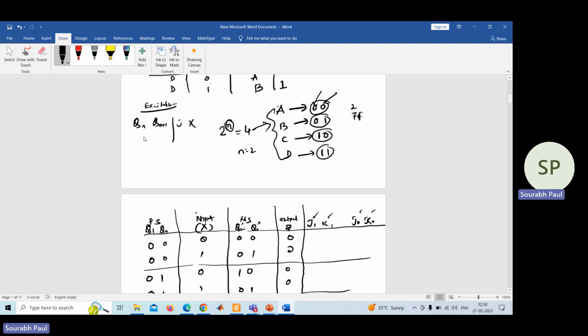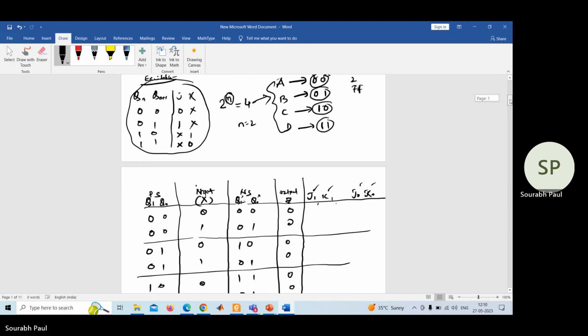So for the 4 combinations 00, 01, 10, 11, it is 0x, 1x, x1, x0. That was the excitation table of JK flip-flop. Now you need to use this excitation table to get the values of J and K.